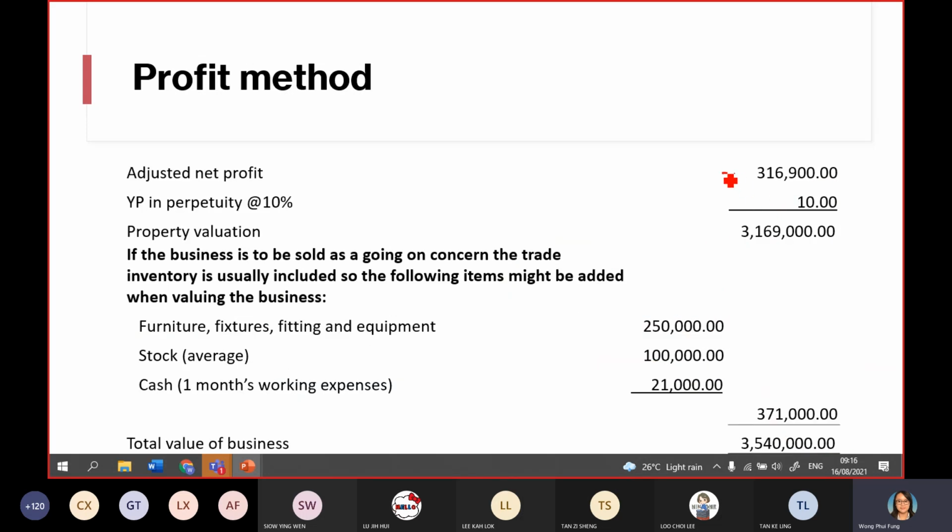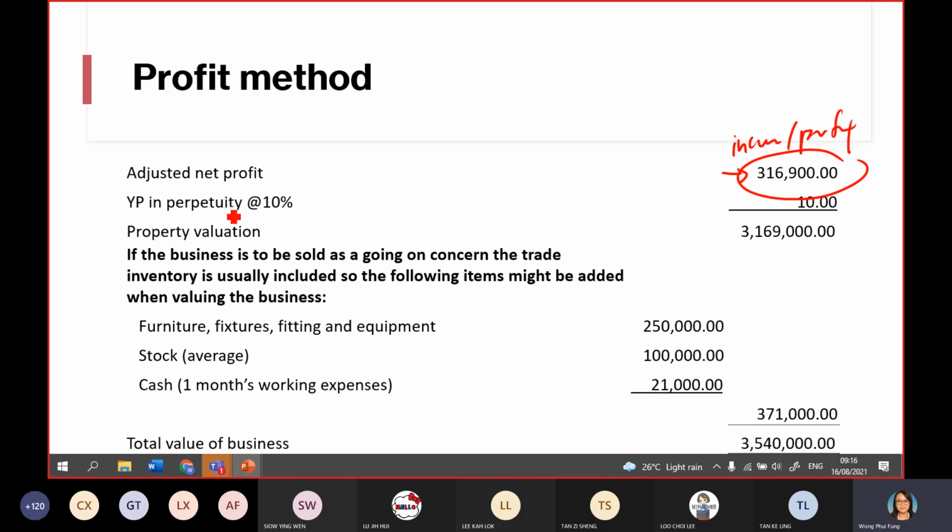When you bring forward to the next slide, this is the balance, the profit that you are going to get. So since this is a business, assuming the new owner takes over, the new owner is going to enjoy this income forever, this profit forever.